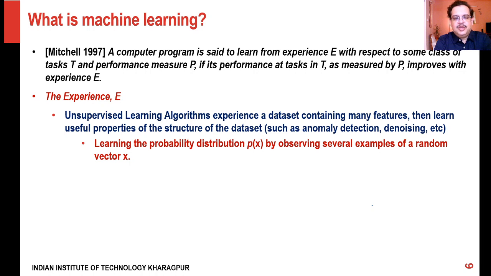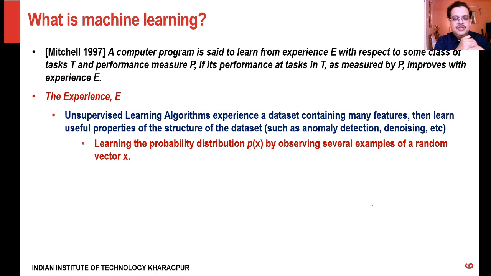For example, anomaly detection is one where we may use an unsupervised learning algorithm. The algorithm looks at the data set and then learns a set of properties or the trends in the data, and then when it suddenly sees that the trend is violated, it reports that as an anomaly.